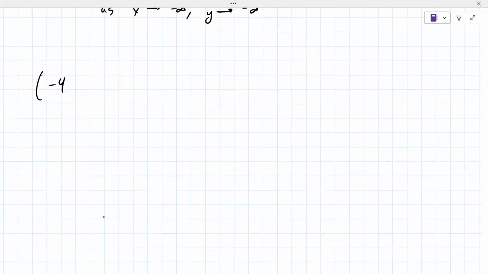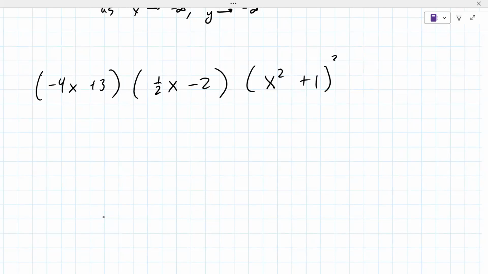Okay, let's try another one here. Negative 4x plus 3, 1/2 x minus 2, x squared plus 1 squared. Go ahead and figure out the leading term.